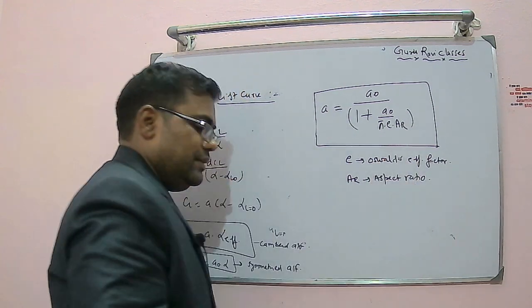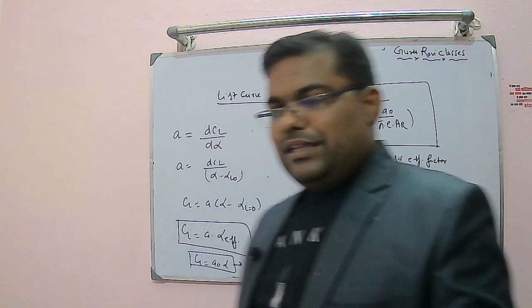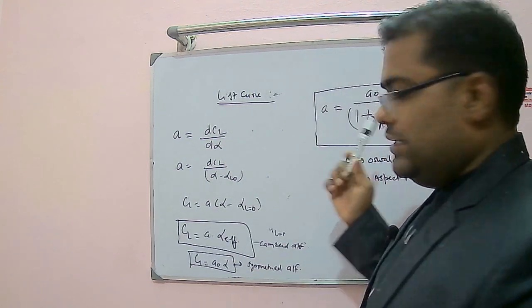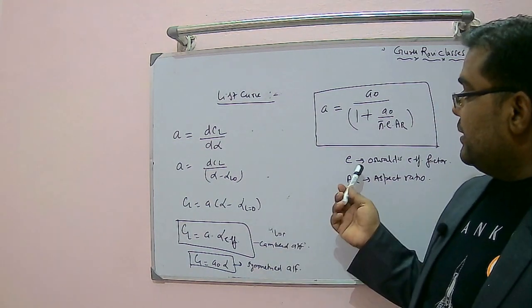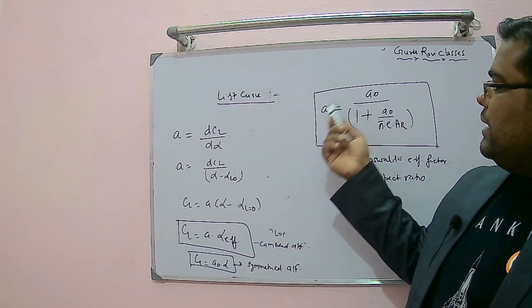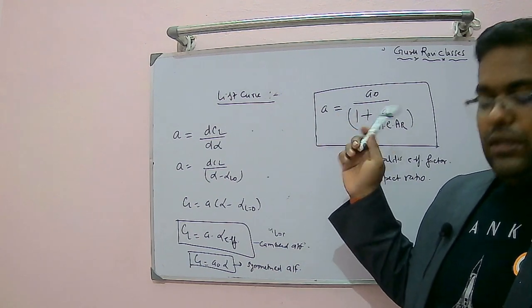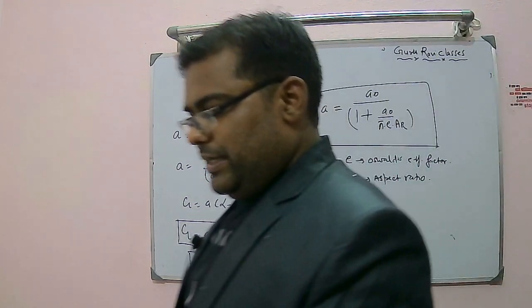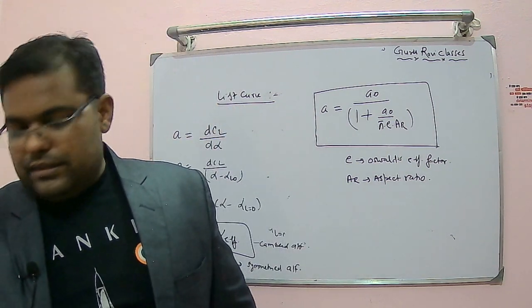So the moment I know the wing span and chord length, aspect ratio can be calculated. E is a fixed value between 0.85 to 1. So I can substitute that. If I know A naught, I can get A. If I know A, I can get A naught. So this is the mutual relationship between the lift curve slope for a symmetrical airfoil and a cambered airfoil.